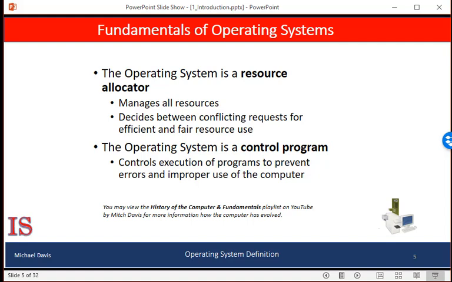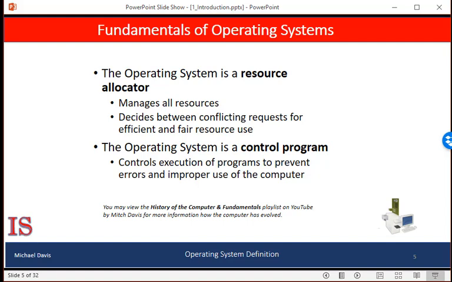There are numerous and often conflicting requests for resources, and the operating system must decide how to allocate these resources to specific programs and users so that it can operate the computer system efficiently and effectively.